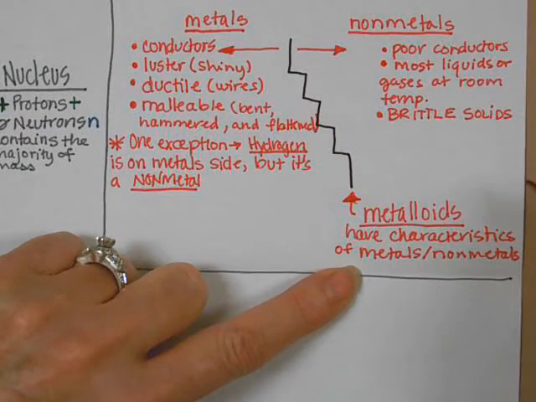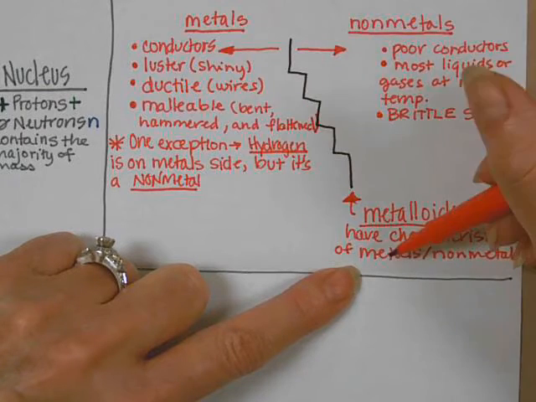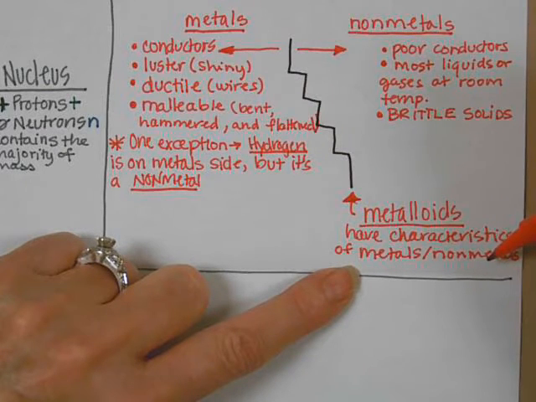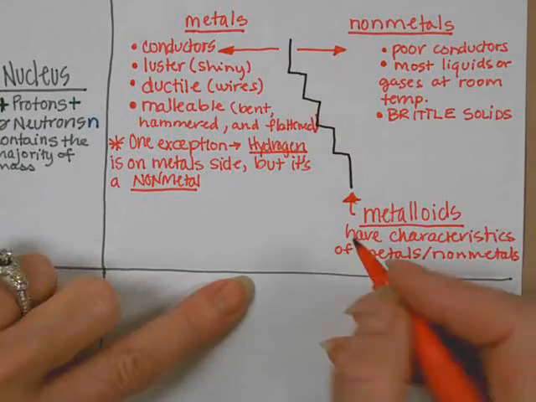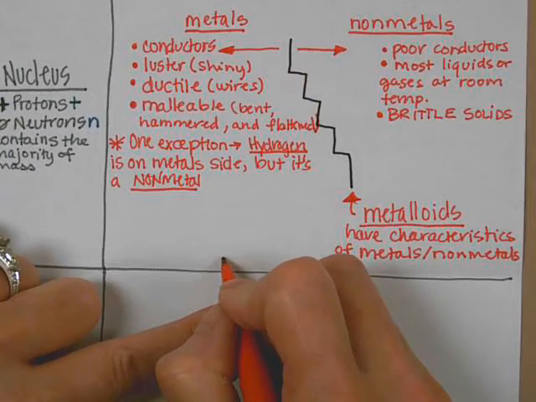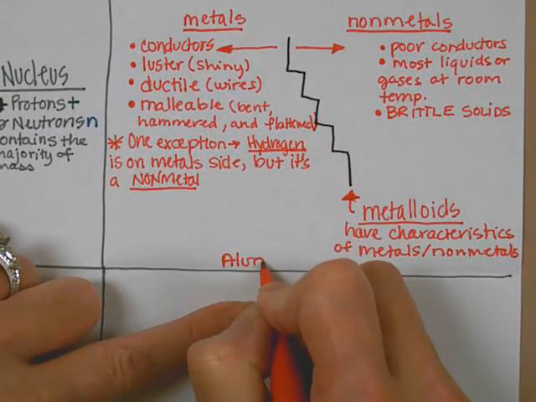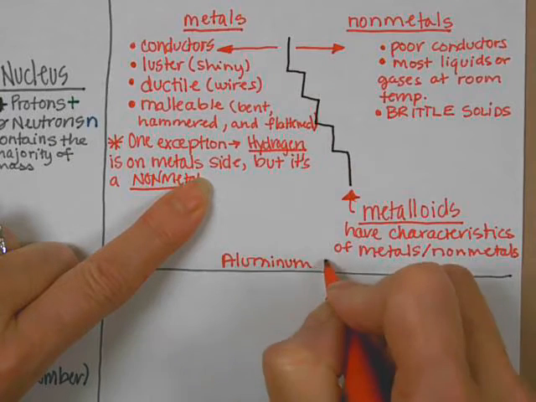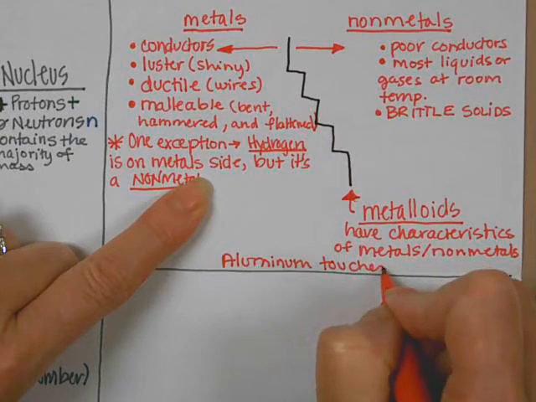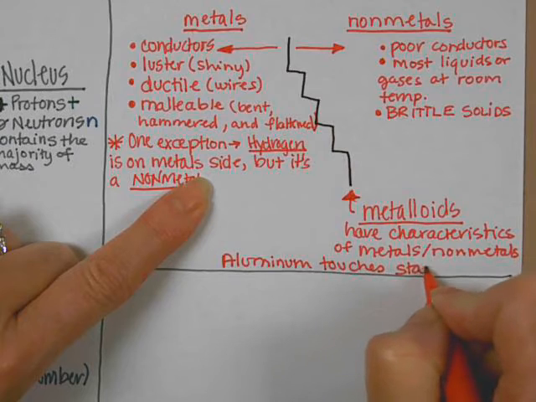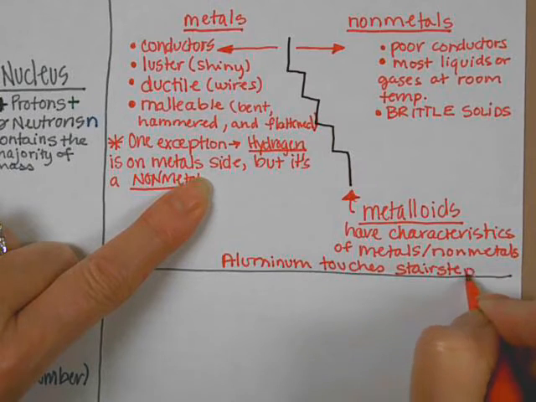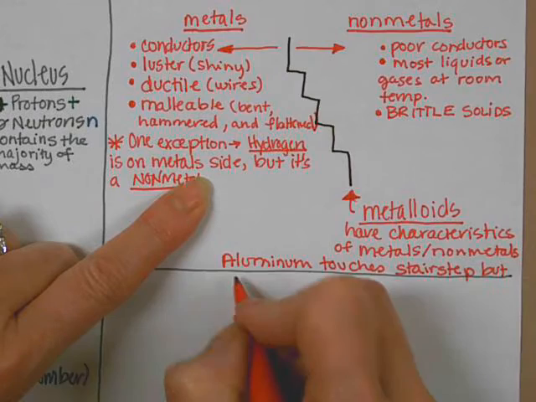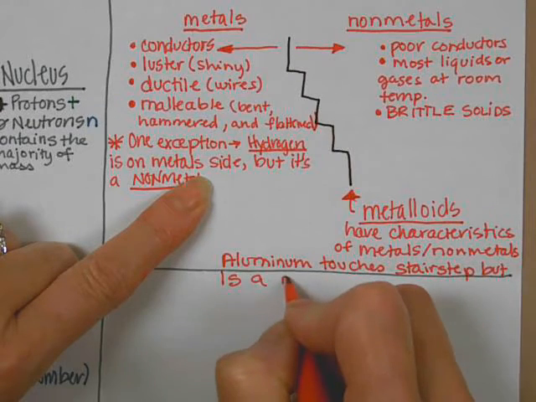You too. All right, so metalloids have characteristics of metals and nonmetals, but we do have an exception here. The exception is aluminum. It touches the stair step, but is a metal.